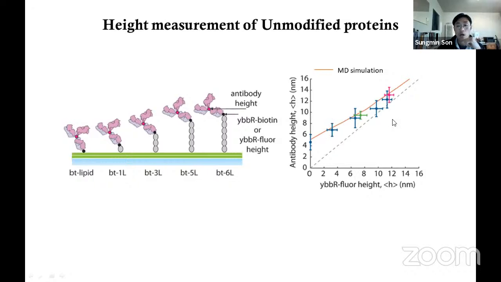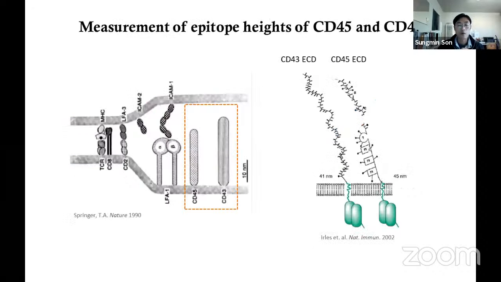Okay, so with this kind of calibration curve, now we can use any antibody's height measurement to back out the epitope locations. All right, so we have all these tools ready. So let's try measuring some interesting proteins. So now I am focusing back on what Dan has introduced, which is the tyrosine phosphatase CD45 and CD43, which are very important in signal activation of immune cells such as T cells as well as macrophages.